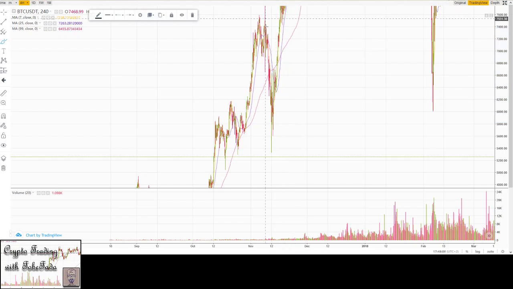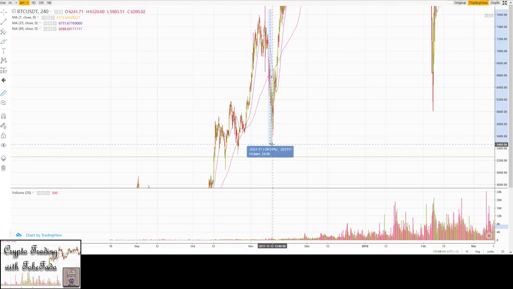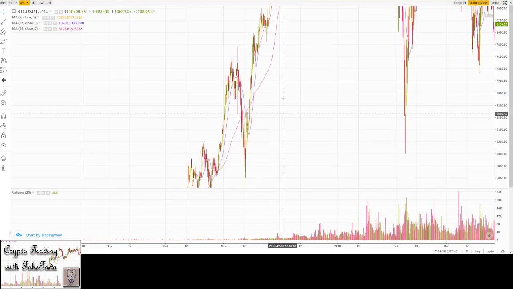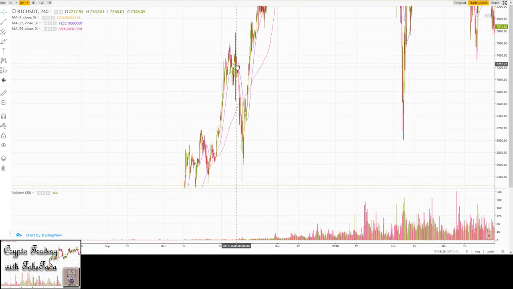So whenever you have a very strong decline here, you can see that this is a 28-30% decline here. And the time scale is very important for this analysis.